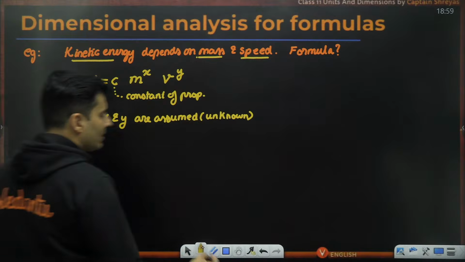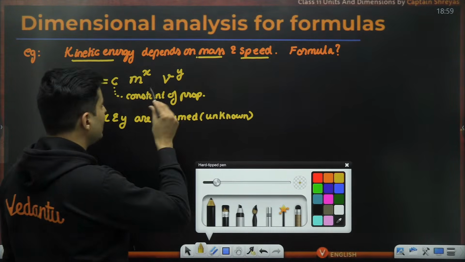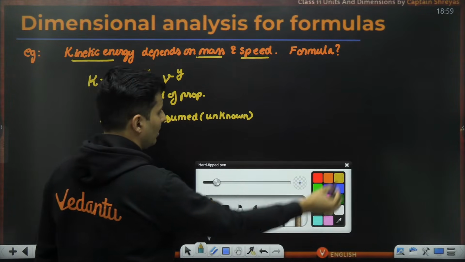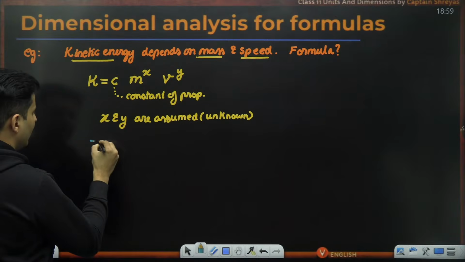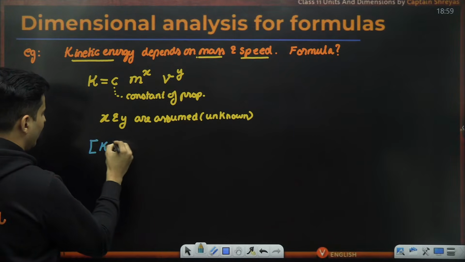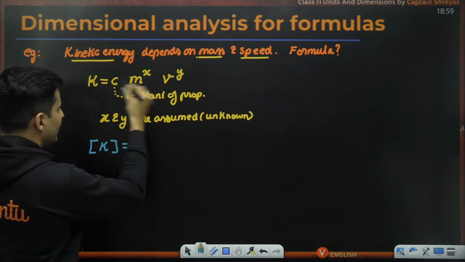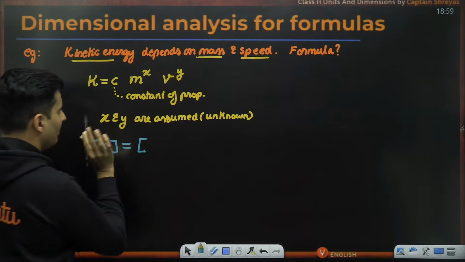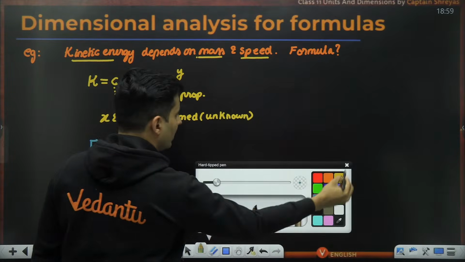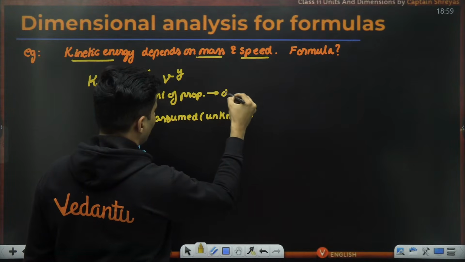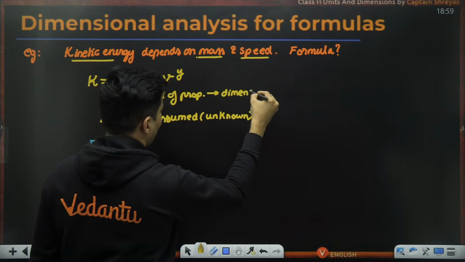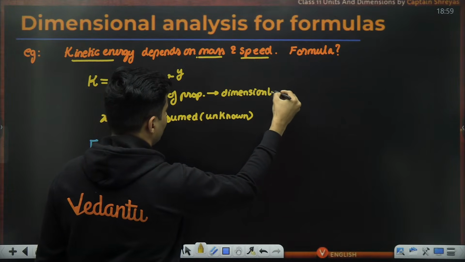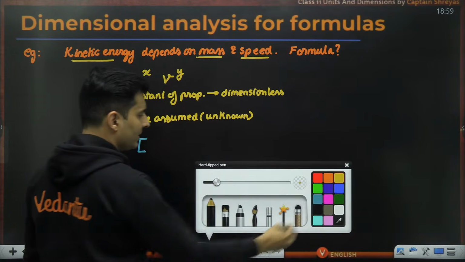Now, one thing is clear. If K is c m raised to x v raised to y, 100%, the dimension of K should be, c is dimensionless, so forget it. Remember, constant of proportionality is always going to be dimensionless. It has to be dimensionless, okay? Only then you can use this method.